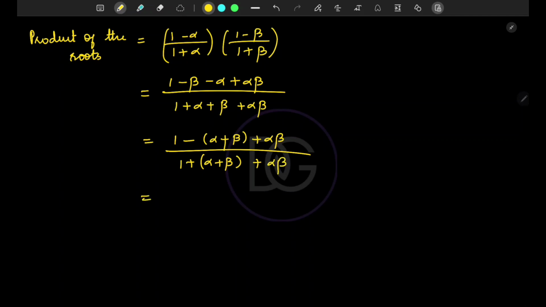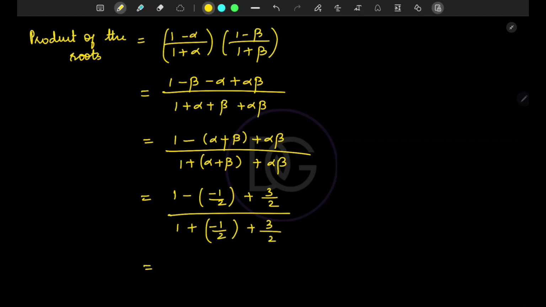Just substitute the alpha plus beta and alpha beta values. 1 minus of (alpha plus beta), which is minus 1 by 2, plus 3 by 2, divided by 1 plus minus 1 by 2 plus 3 by 2. Now in the numerator, 1 plus 1 by 2 plus 3 by 2.